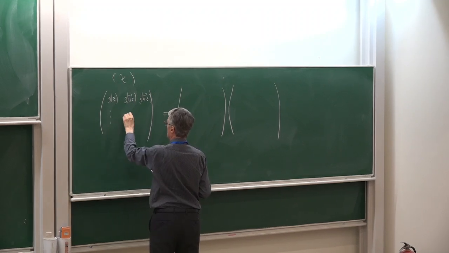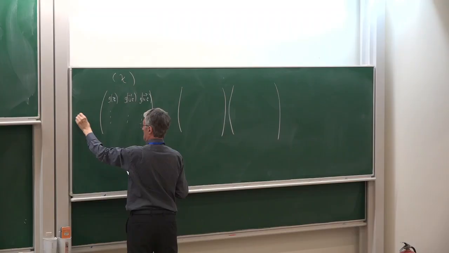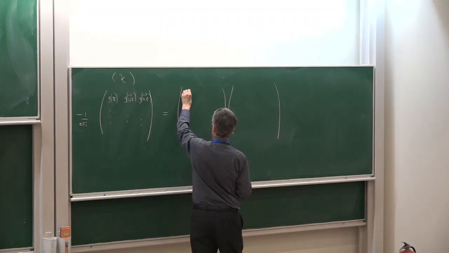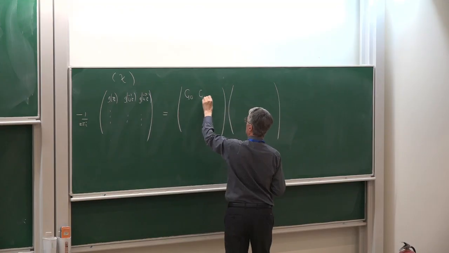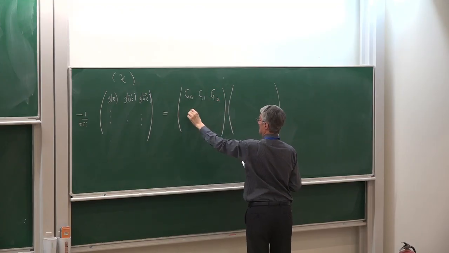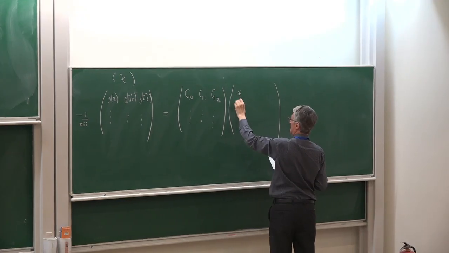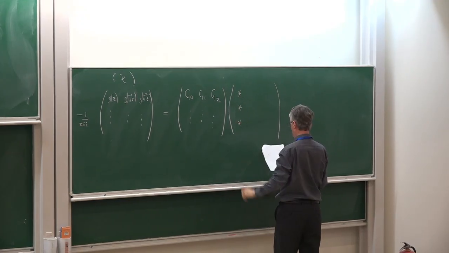And then, well, I put here 1 over 2 pi i minus 2 pi. This is equal to the Givental type solution times something. Well, let me just say star, star, star.